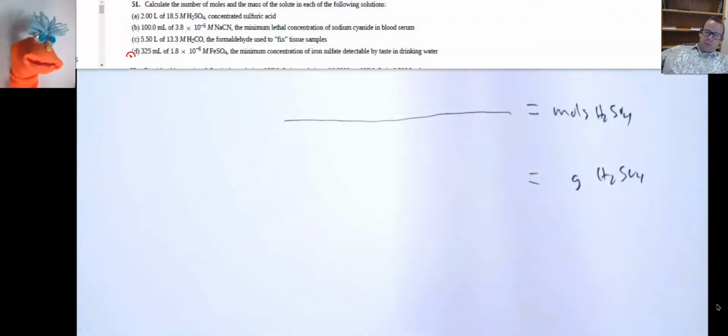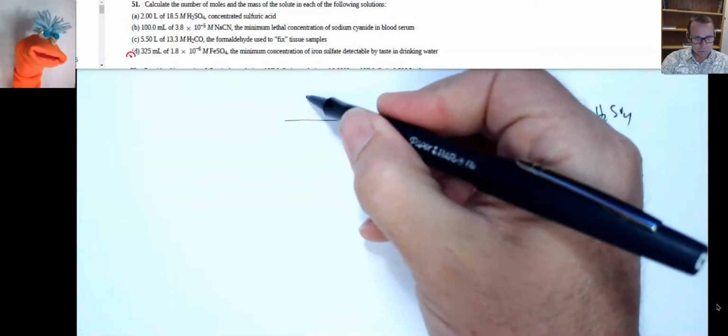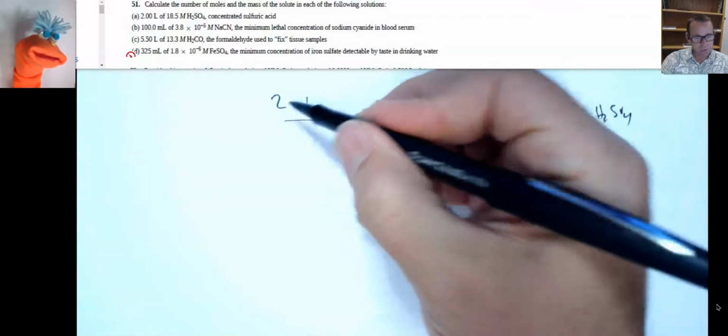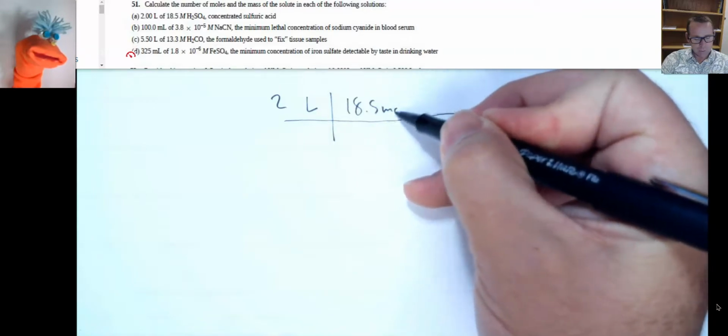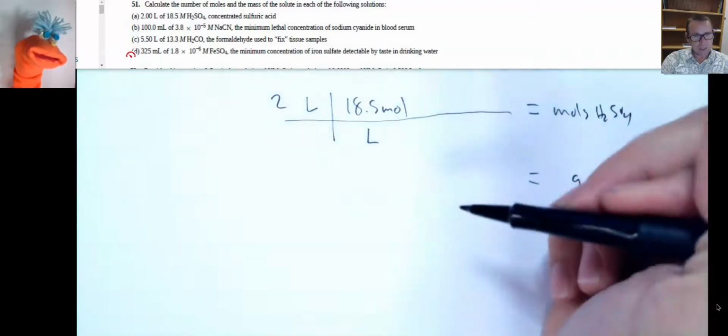Which one should I write down first? Does it matter? Actually, I don't think it does matter. I think we'll be okay either way. Because if I write down the liters first, 2 liters, I go 18.5 moles per liter. Liters cancel out like that.